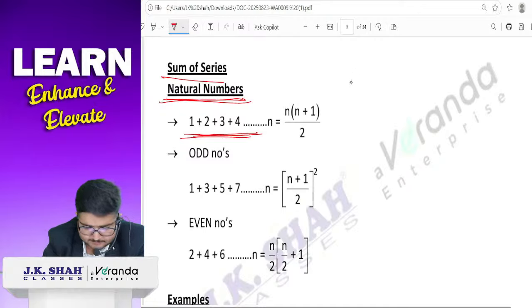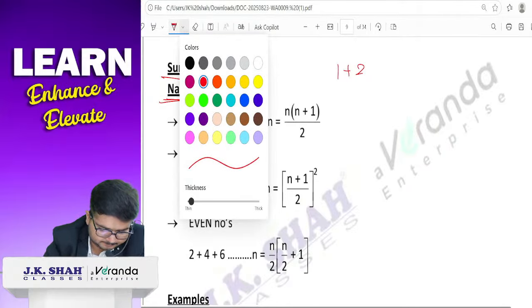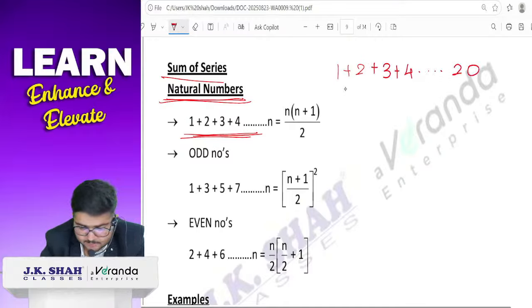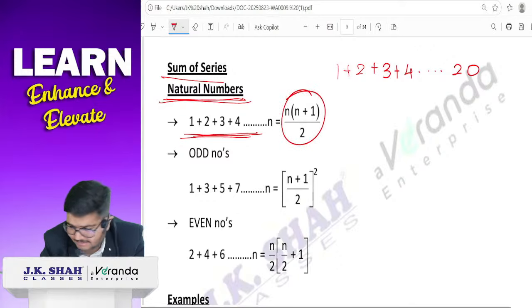For example, they are asking 1 plus 2 plus 3 plus 4 till 20. So now how to solve this? You don't have to remember this formula. I won't be asking you to remember this formula, right? It is a very simple step.